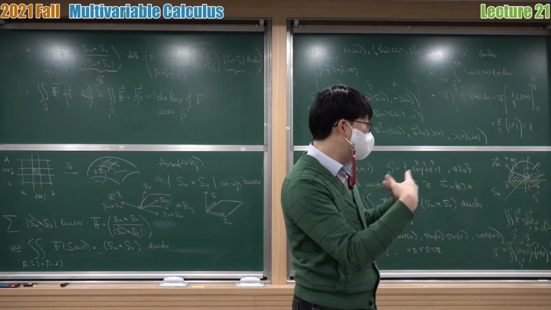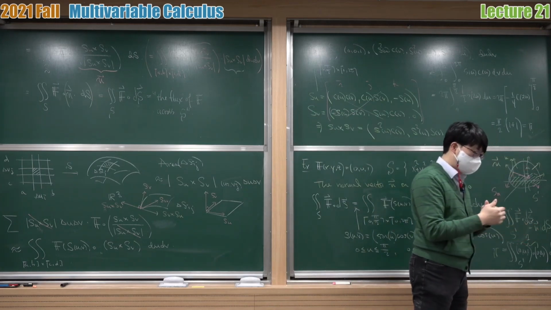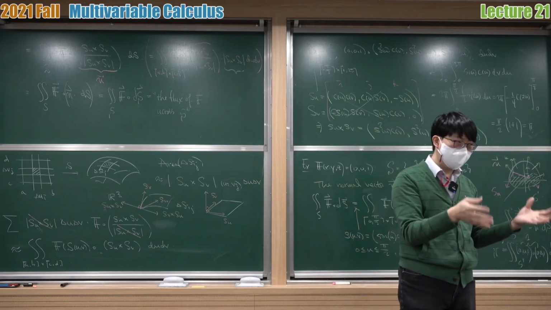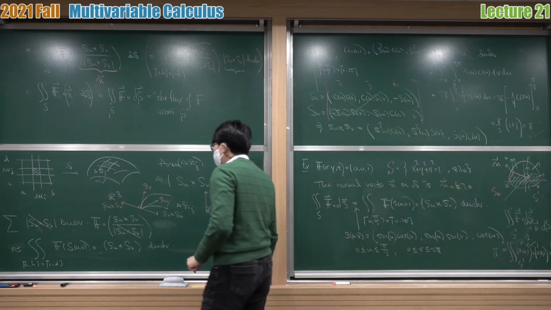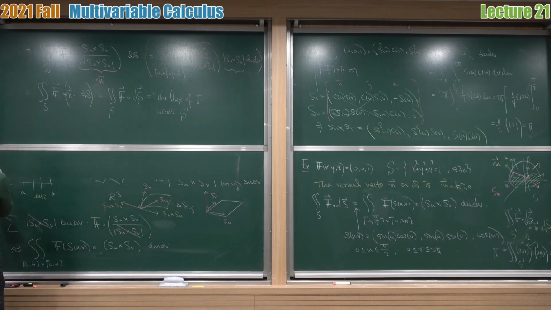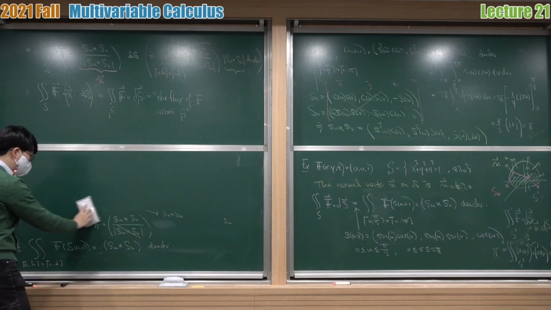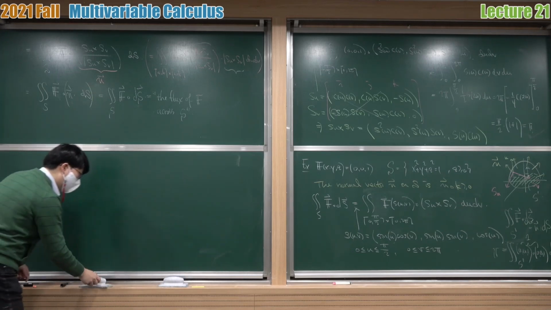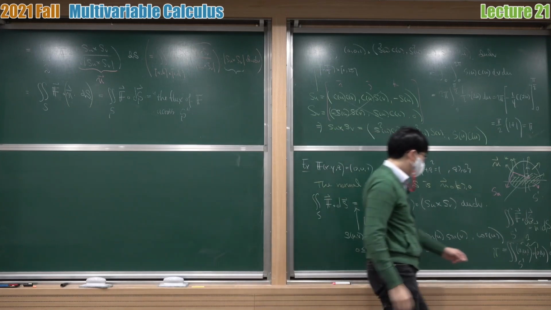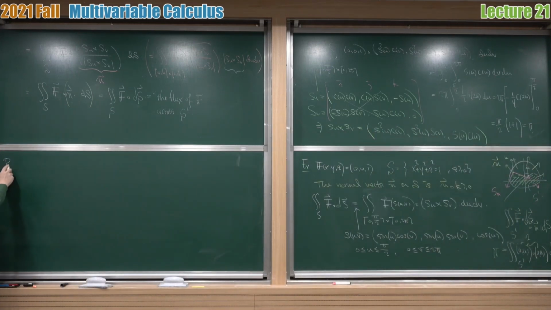Now, we are always talking about a surface with a certain normal direction, but there is a surface that doesn't have a normal direction, which means there's a surface that we cannot orient the normal direction in a consistent way. Let me talk about the remark.